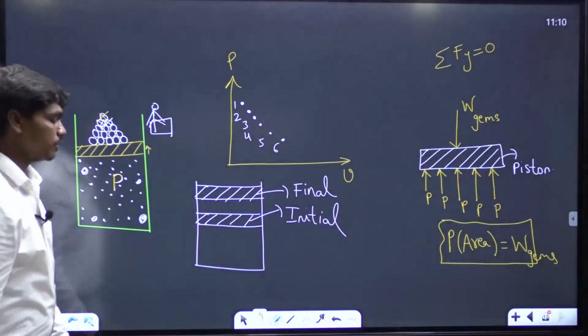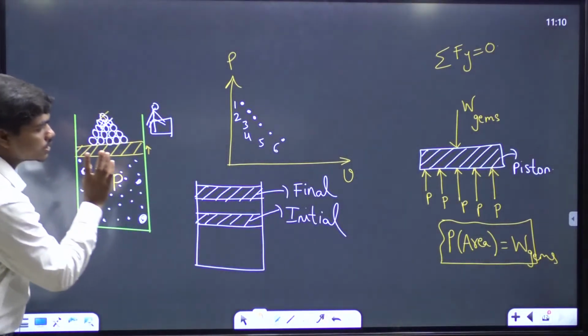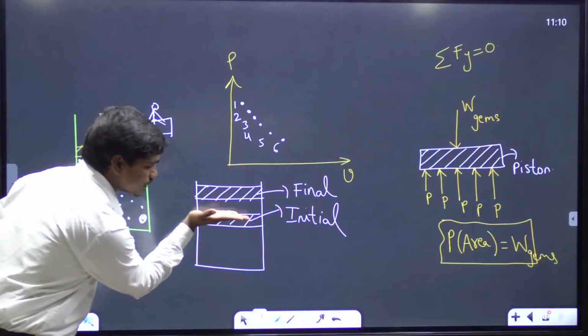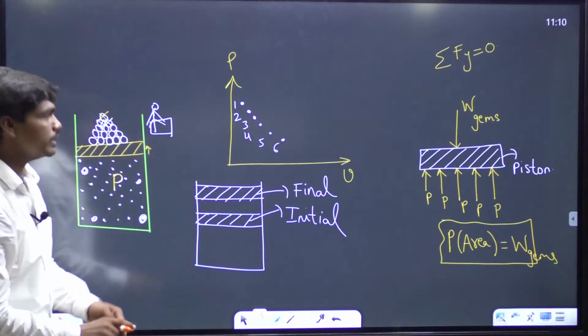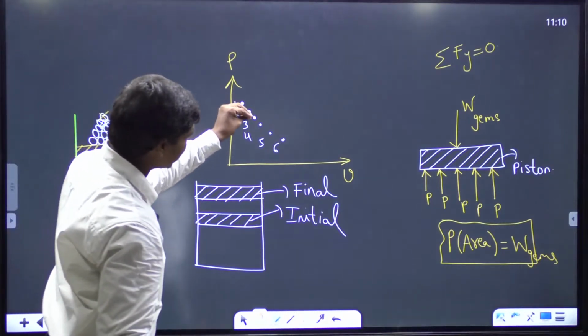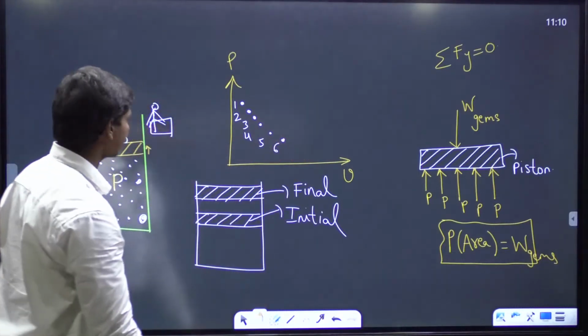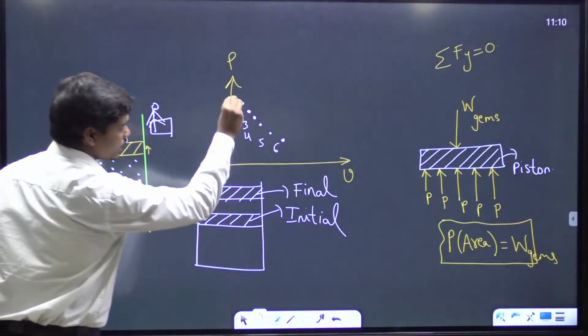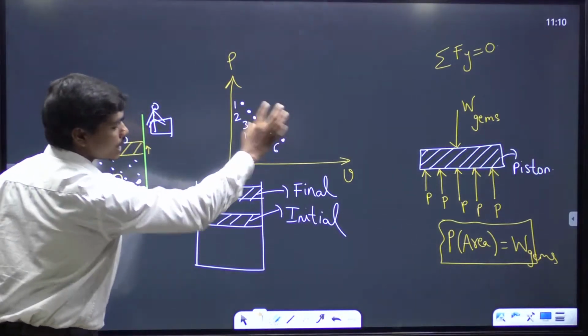Now see here carefully. In this case, when your weight is in small portions, your piston is moving from this equilibrium position to this equilibrium position very slowly, correct? Which means you are able to identify the states. If this 1 is the initial state and this 6 is the final state, then you know every intermediate state of the system between the initial and final states.